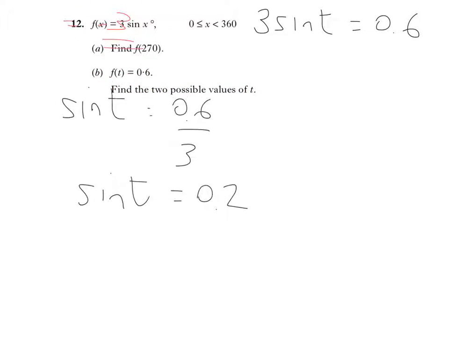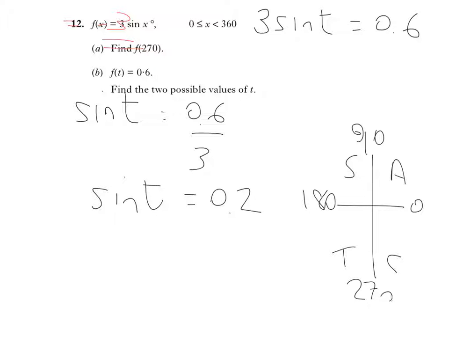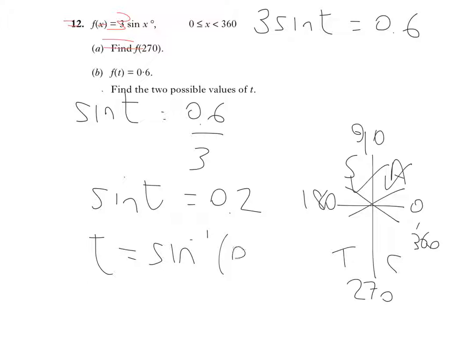At this point I'm thinking about putting down my CAST diagram. I'm in the O quadrant and the sine quadrant, and I'm going to enter this information into the calculator.